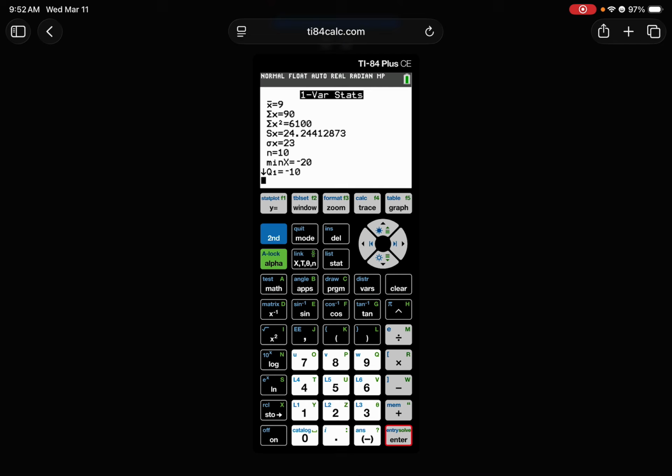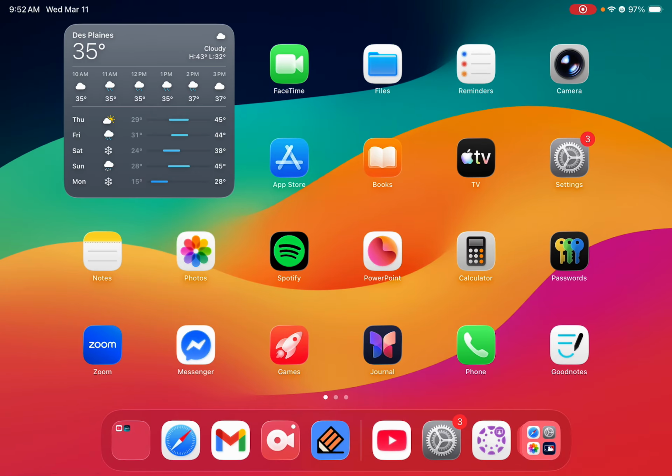But my sample mean, my x-bar, is 9, and my sample standard deviation here is 24.244. So I've got these two numbers. x-bar is 9, s is 24.244. So let's hop back at this point.